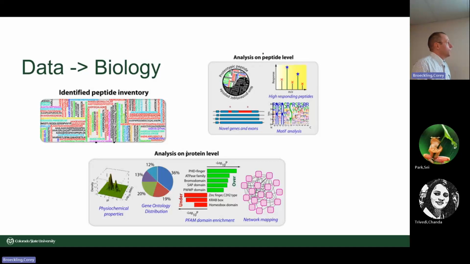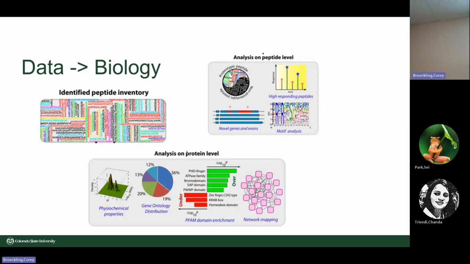And so this paper gives some relatively big picture overview figures, and I just want to highlight a couple of these. First thing you get from these metaproteomics and proteomics experiments is a peptide inventory, right? You can say this peptide was or was not detected. That doesn't necessarily mean that this peptide was absent if it wasn't detected, but you can at least say it wasn't detected.